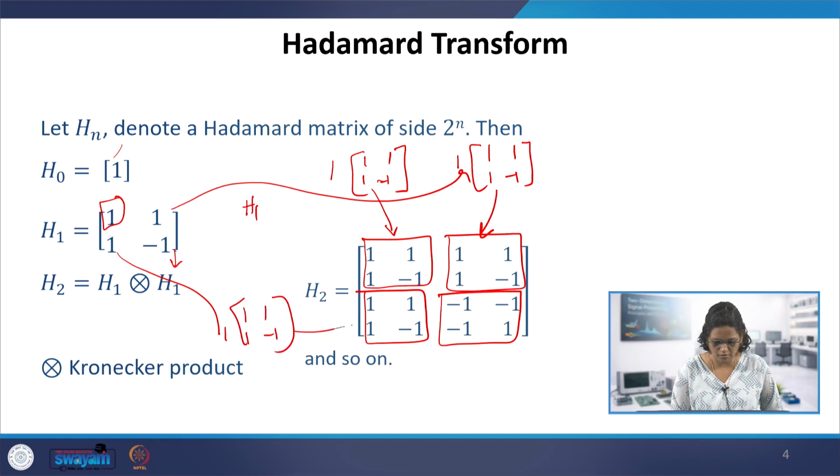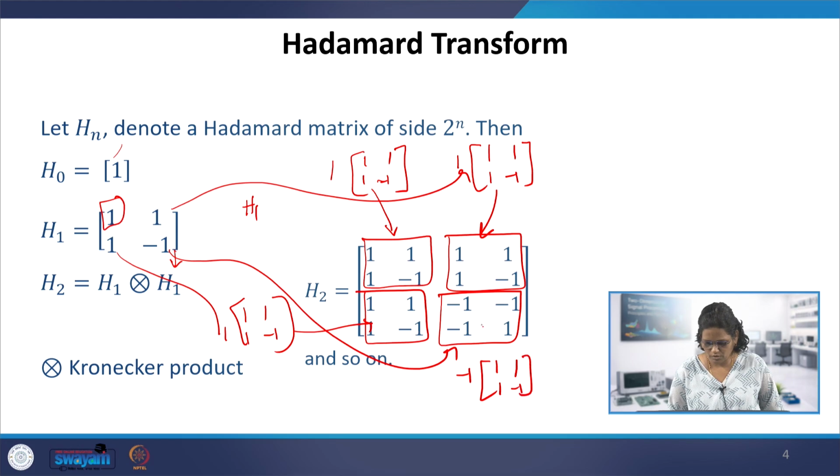The next one, minus 1, gives minus 1 1 1 and 1 minus 1, so this block becomes minus and minus and minus plus. These four elements are different from the rest. When we multiply these two, the result is H2, which has 16 elements.